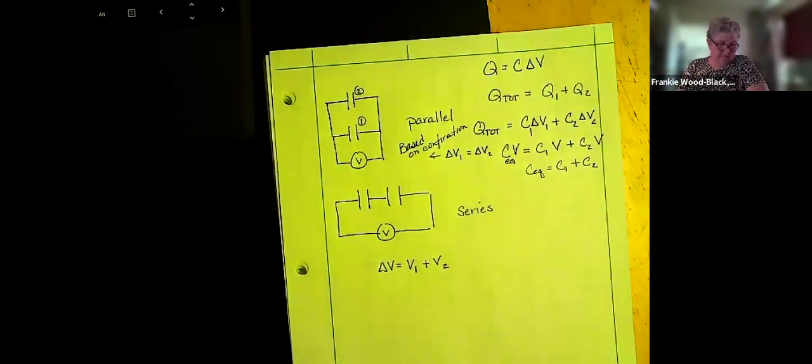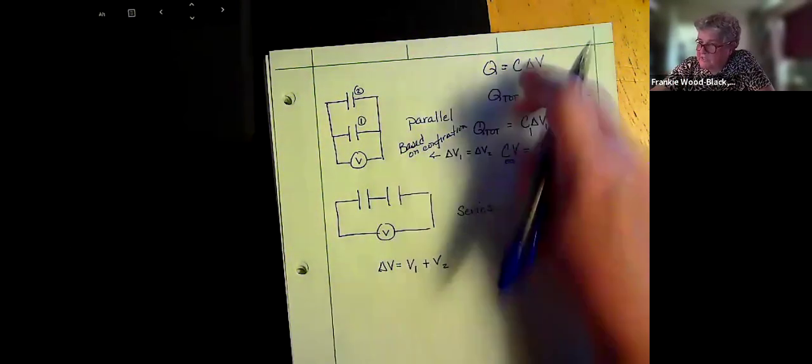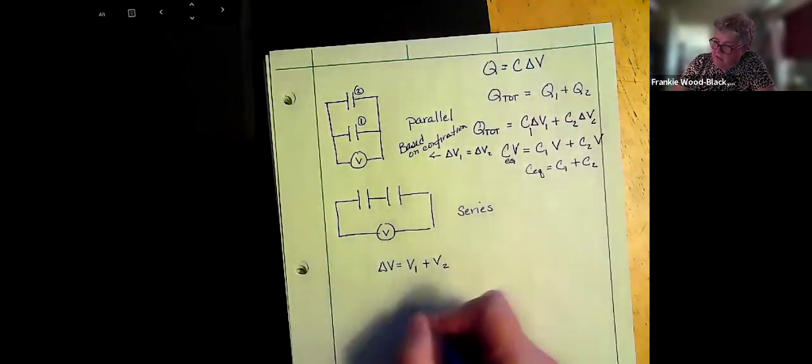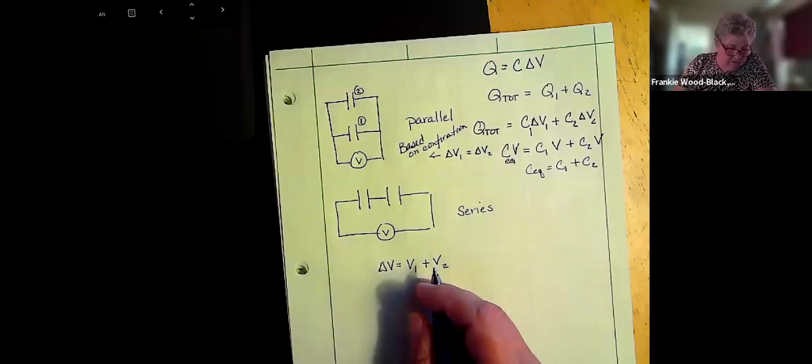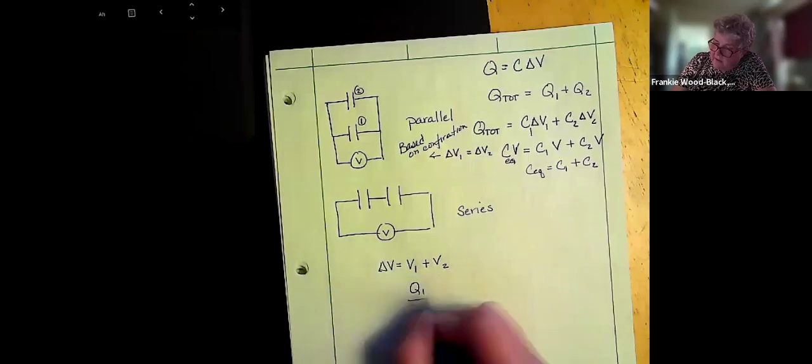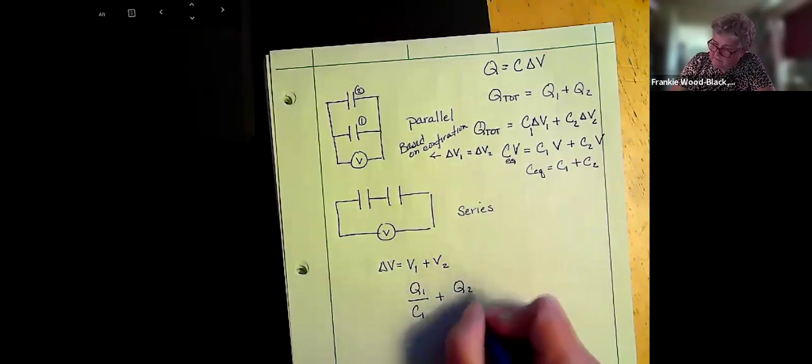Now, when I do this one, my change in voltage across these two has to be added up. And my voltage is going to be Q1 over C1 plus Q2 over C2.